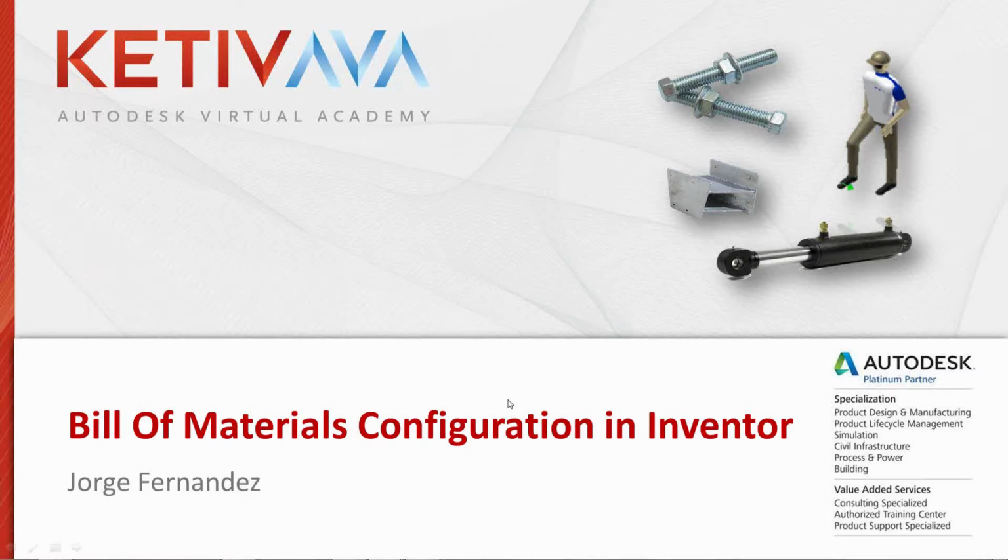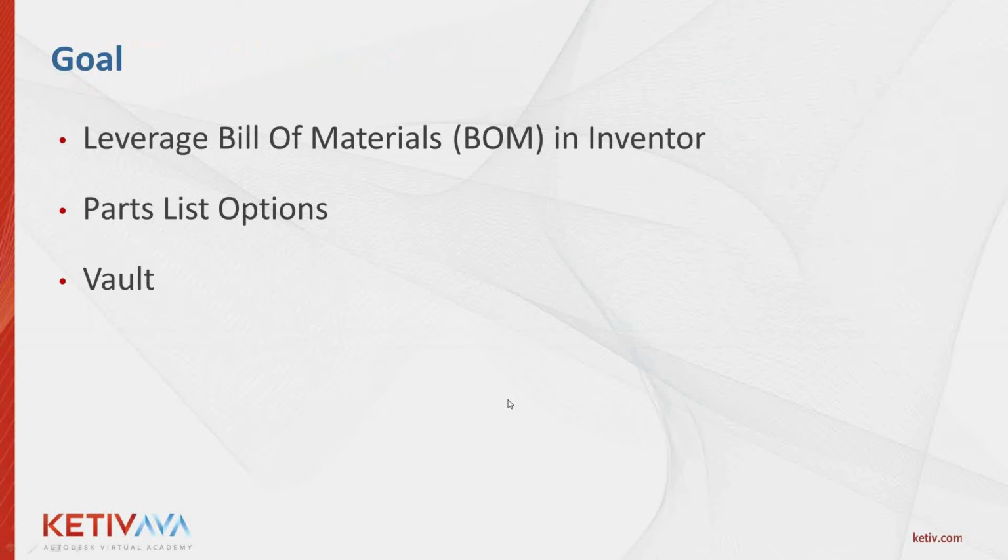All right, thanks, Nigel. So yeah, everybody will be discussing bill of materials configuration in Inventor, a little bit about Vault as well. And really the goal for today is to make sure that you know how to leverage your bill of materials in Inventor. In Inventor, we call it bill of materials in the assembly, but we also call it the parts list in the drawing.